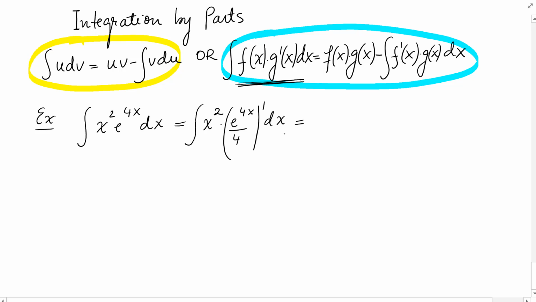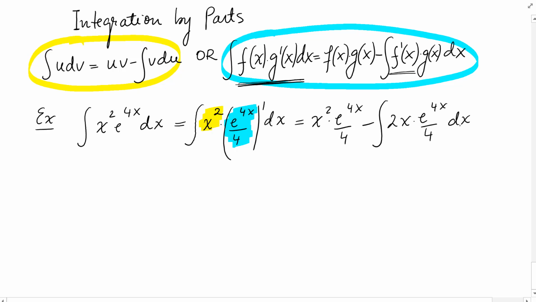Now what does that mean? Well, once I have a function and a derivative, then I can just write f times g, so I can write x squared times e to 4x over 4 minus integral, and now we differentiate the first function, so it's 2x times e to 4x over 4 dx.